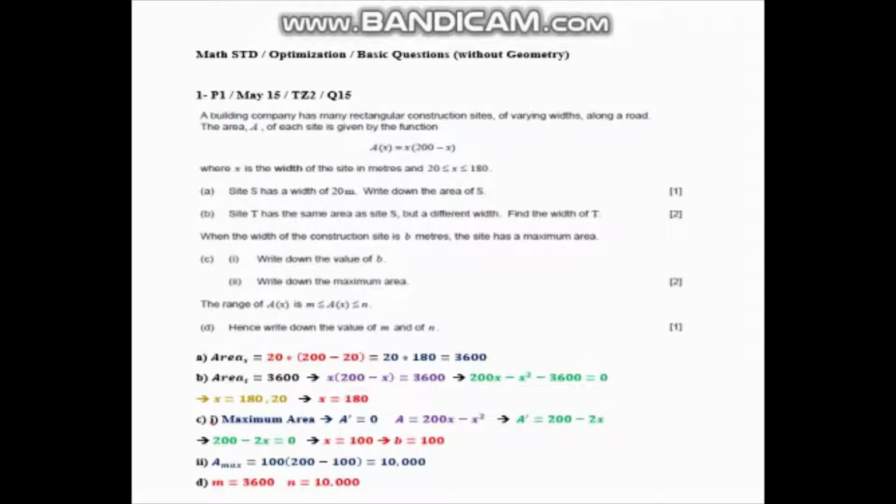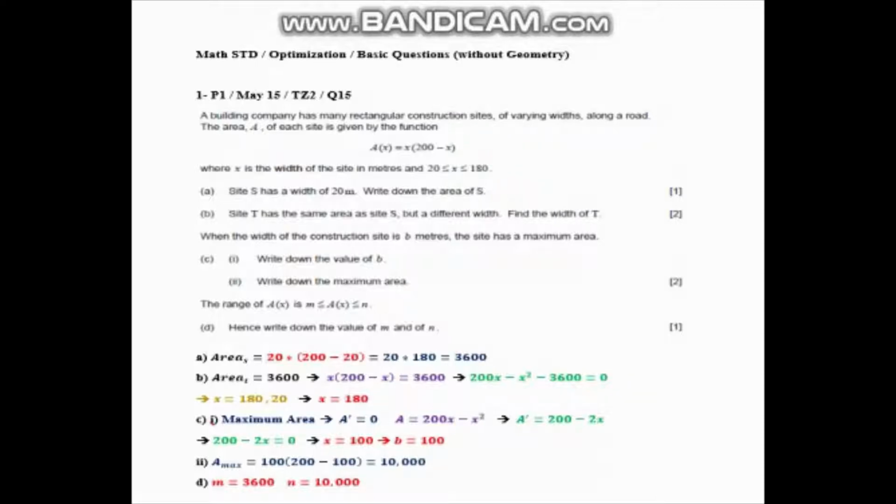The area A of each site is given by this function right there. So this is the area where x is the width of the site in meters and x lies within this domain 20 to 180. Site S has a width of 20. Write down the area of S.